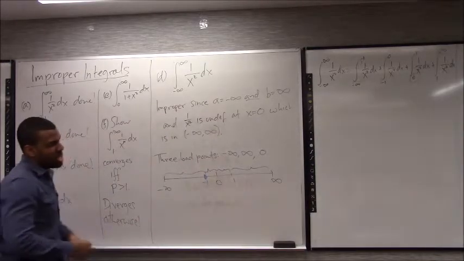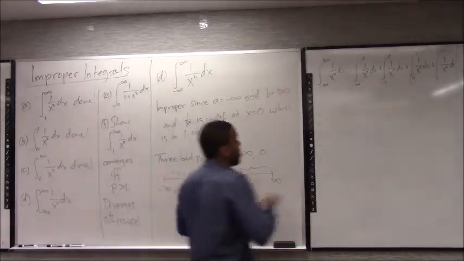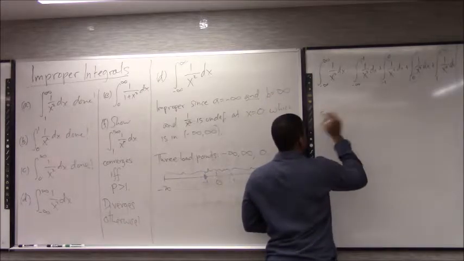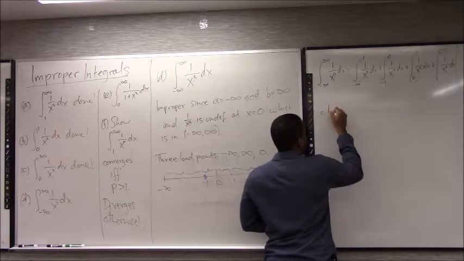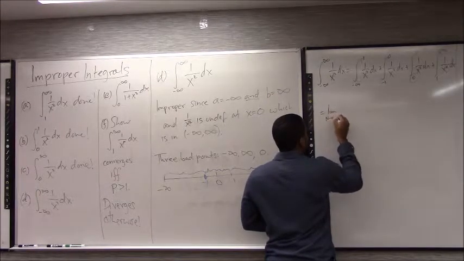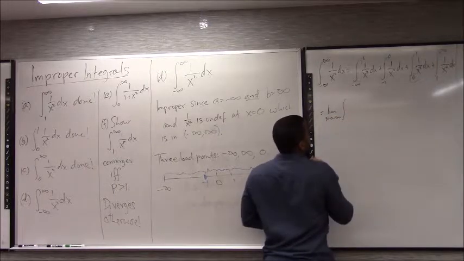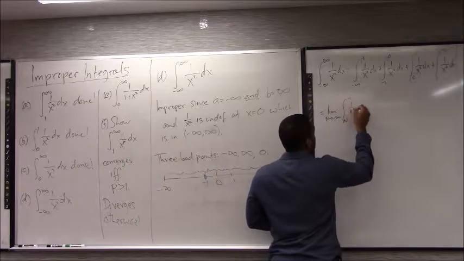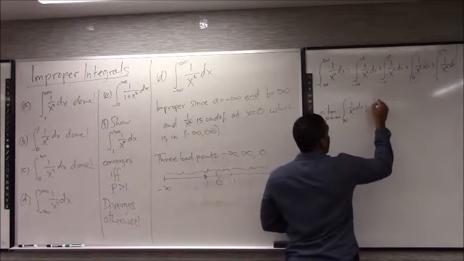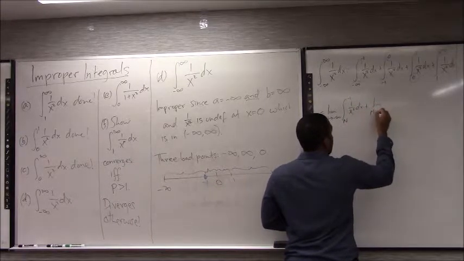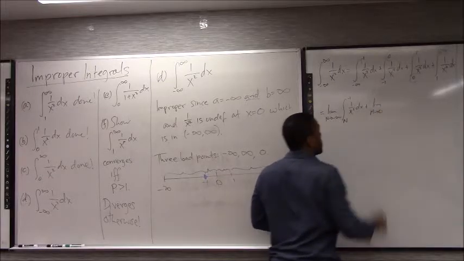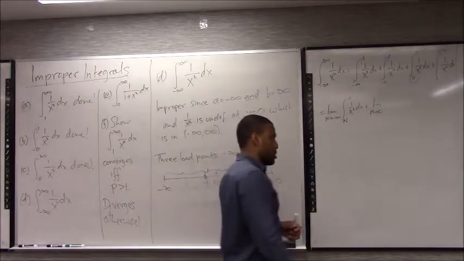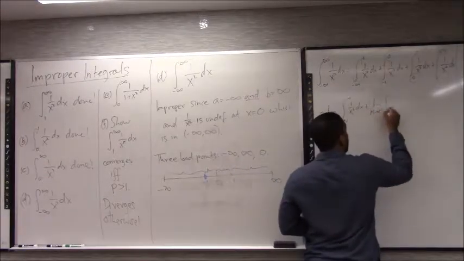Then I'm going to use limits to approach these guys. So now here I'm going to take, say, the limit as n approaches negative infinity from n up to -1 plus the limit. And we're treating all of these as different limits. So this guy is approaching 0 from the left.